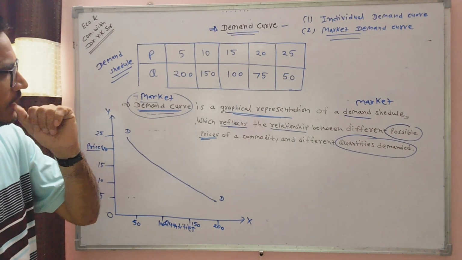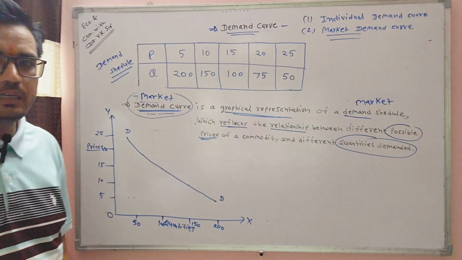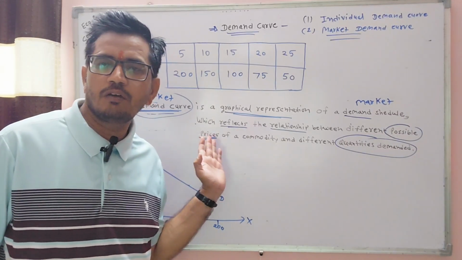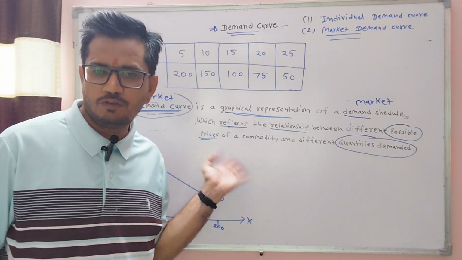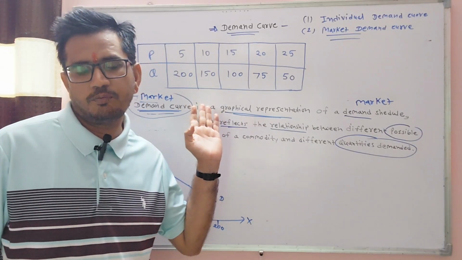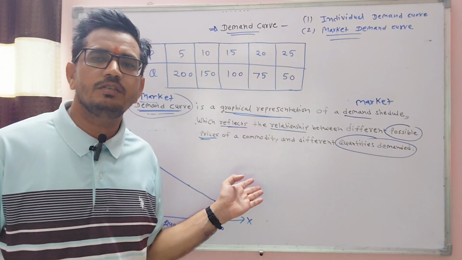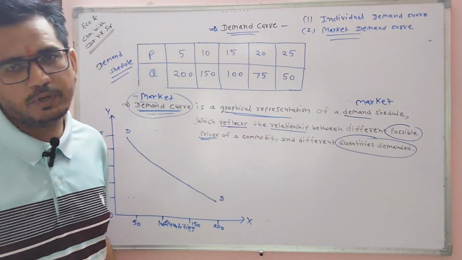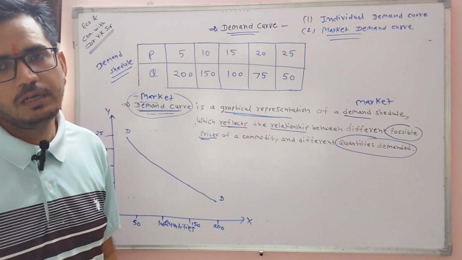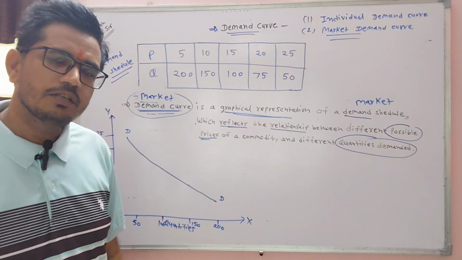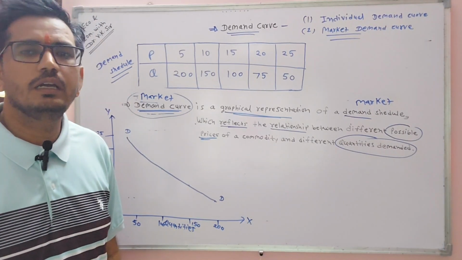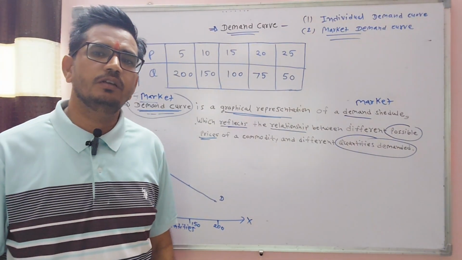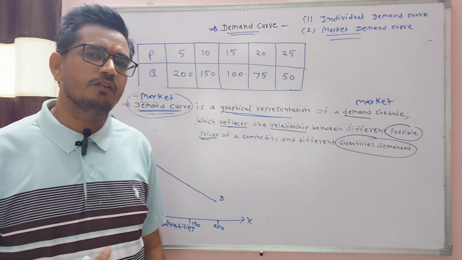One thing is that when we discuss the demand curve, the slope is downward, so we can say the individual demand curve slope is also downward, and the market demand curve slope is also downward. That's the reason: the relationship between the price of a commodity and quantity demanded is inverse.